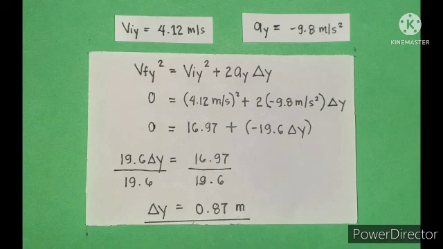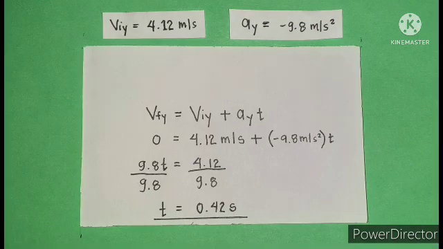The value of Viy is 4.12 meters per second, so 4.12 squared plus 2 times negative 9.8 meters per second squared times delta y. 4.12 squared is equal to 16.97, and 2 times negative 9.8 is equal to negative 19.6 delta y, and it turns positive, and we divide both sides by 19.6. So 16.97 divided by 19.6 is equal to 0.87. So our maximum height is 0.87 meter.